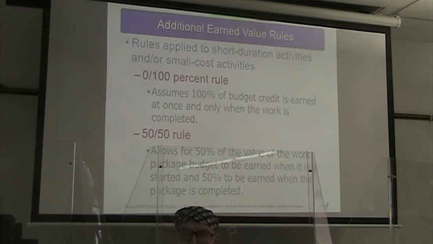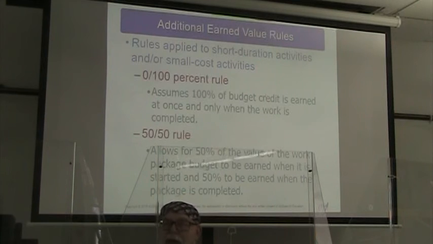All right, so we can use different earned value rules. If we have a short duration activity or a small cost activity, we use the 0 or 100% rule.